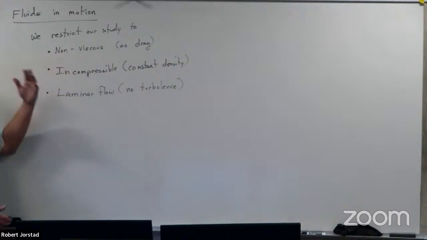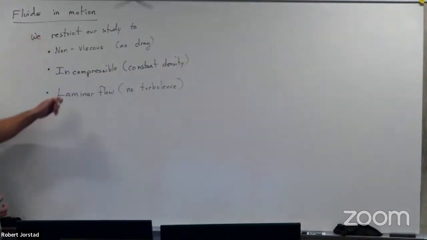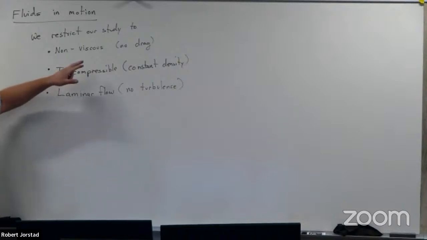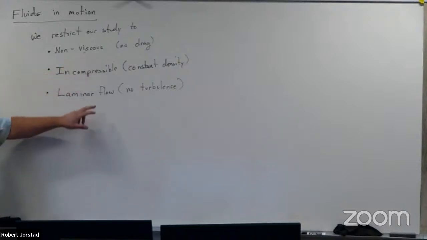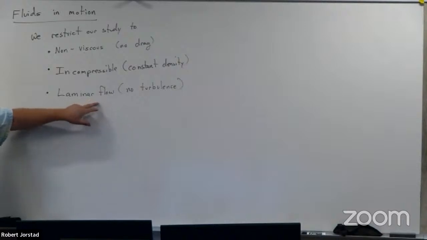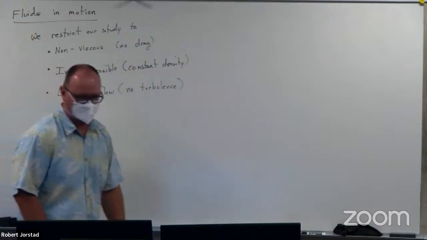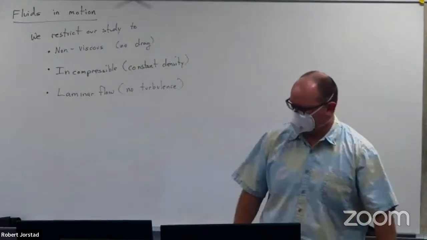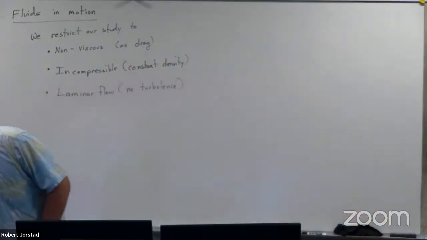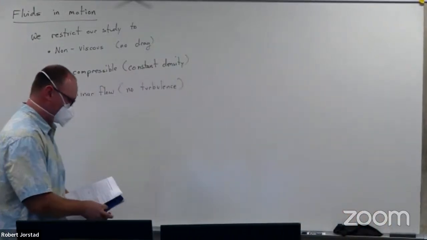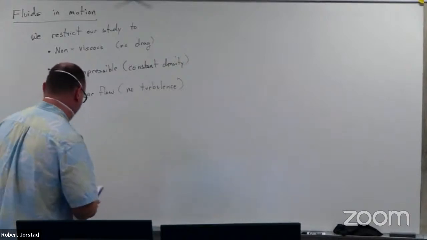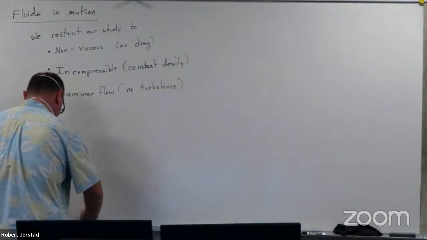So you can see it's very difficult to find a fluid that actually behaves in these ways. Water's pretty incompressible. It doesn't have a ton of drag. And if it's flowing slowly, we can probably approximate it as laminar flow, right? So when we do that, we're going to make those assumptions, and then we need some terms. So I'm going to go back to page 141 and talk about terms. Okay.